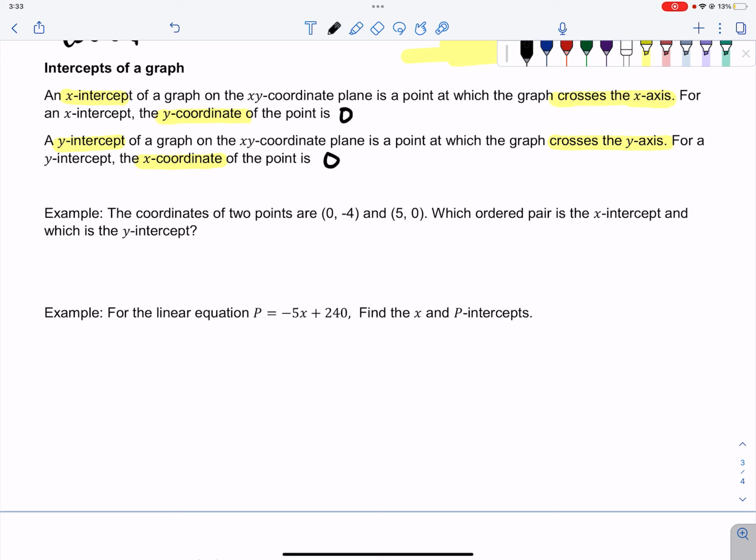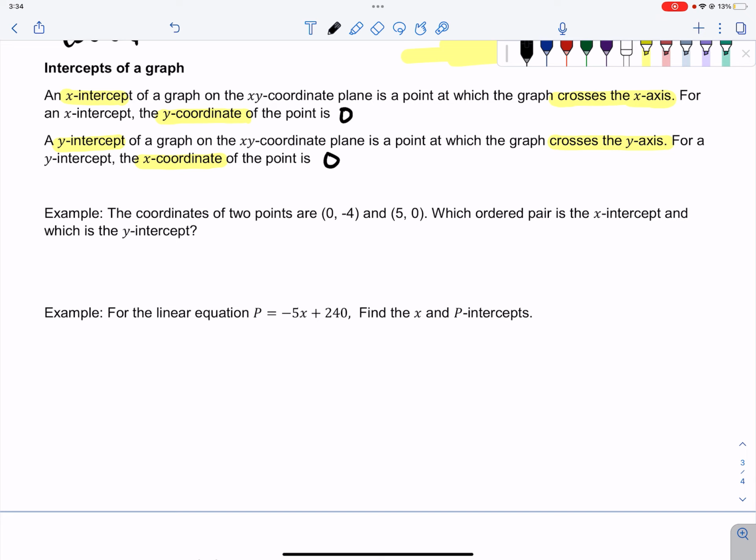So if I want to find the y-intercept, I can replace x with 0. Whenever you want to find an intercept, let the other variable in the equation be 0, and when you solve, you'll be solving for the variable that you want to find the intercept for.